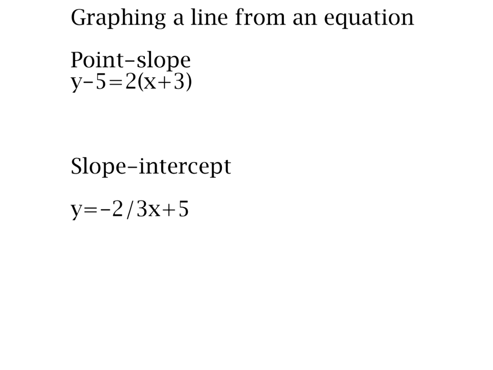Okay, now I can take an equation and graph it. I look at this, and this is in point slope form. So I'm going to write the point slope form of the equation right underneath my line here. Oops.